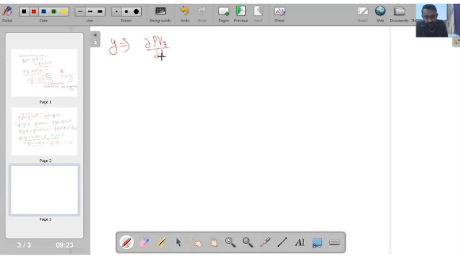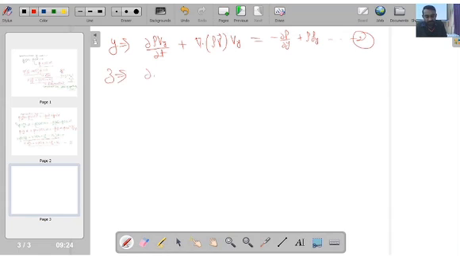So the y momentum equation will become del rho vy by del t plus divergence of rho v vector into vy, and then I will have minus del p by del y plus rho into fy.